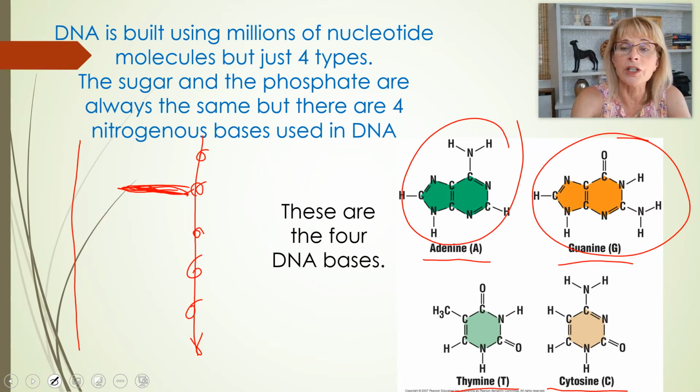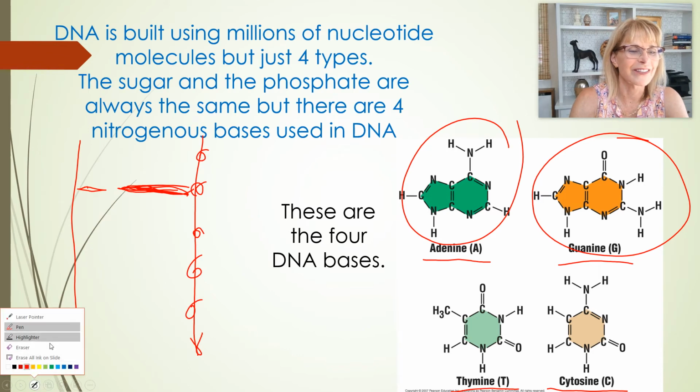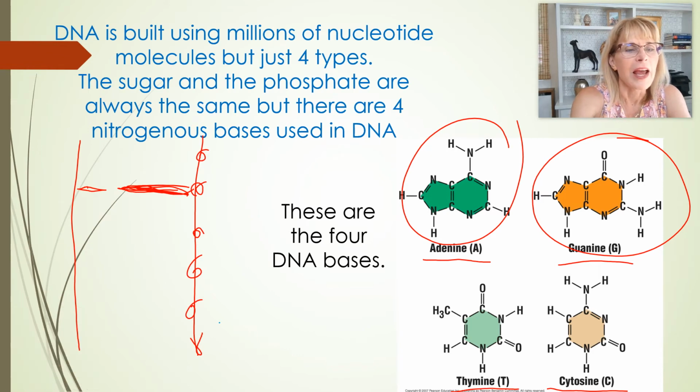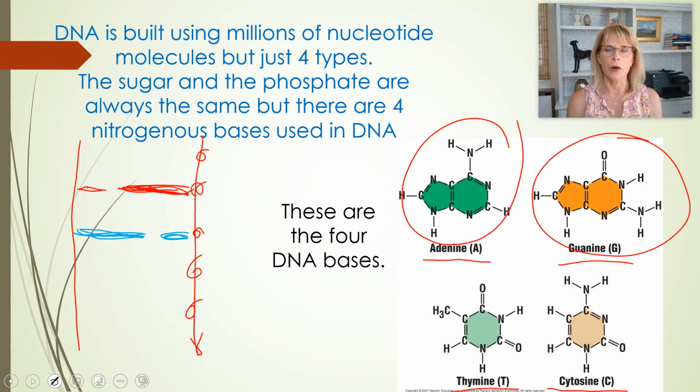The match to the adenine is going to be the thymine, and thymine's little, right? Then, let me just change pen colors here. Okay, if we've got a guanine over here, it's big, and the match to the guanine is the cytosine, and it's small.